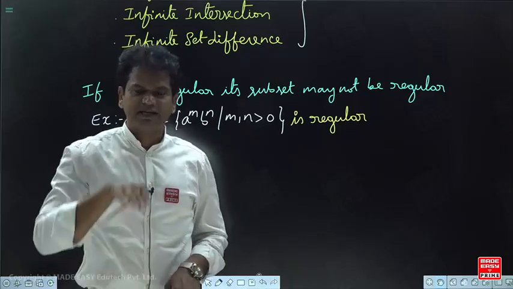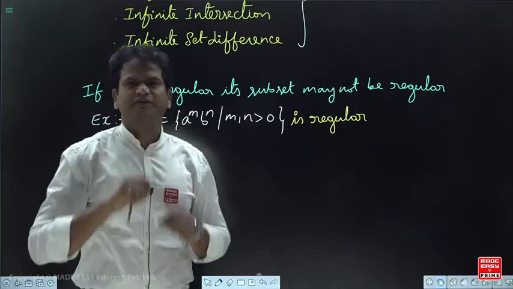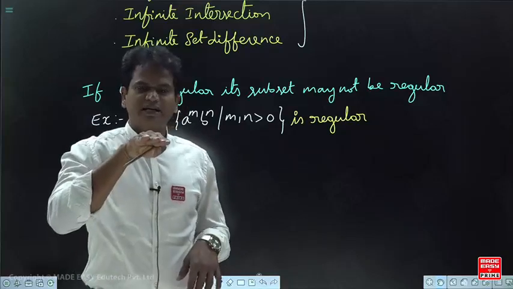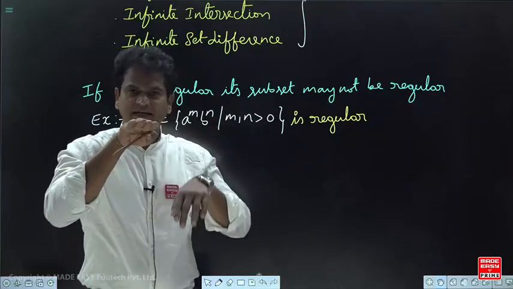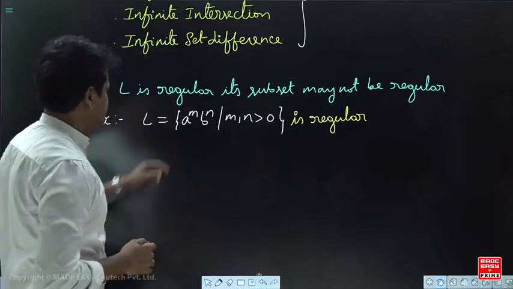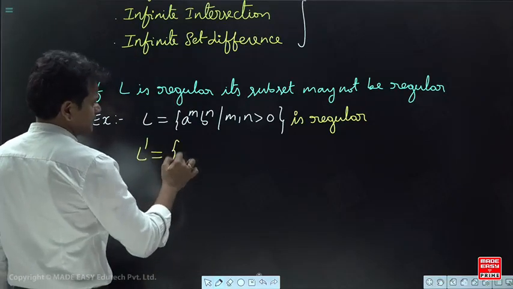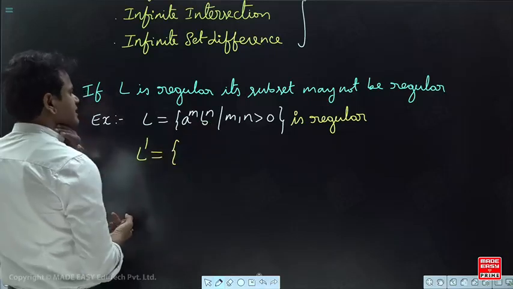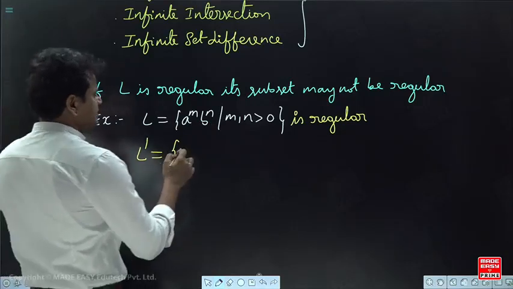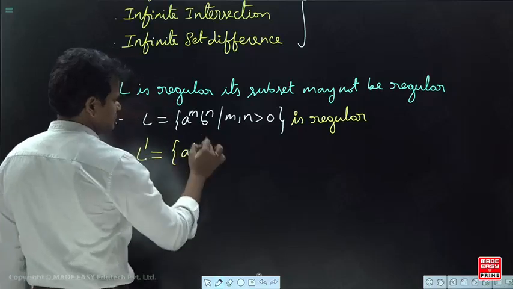Suppose A's are 100, B's can be more, less, or equal. So this language has unequal as well as equal numbers of A's and B's. Now I am taking only the strings with equal numbers of A's and B's. A, B will be there.